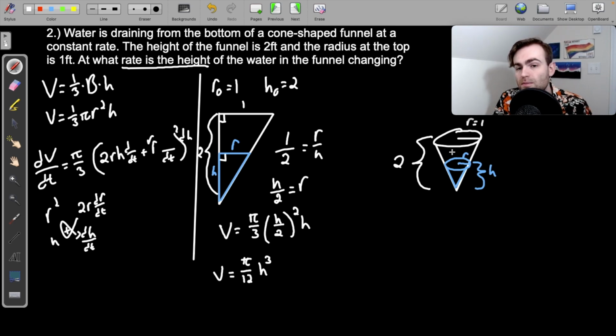So the volume at any given height is defined in this scenario as pi over 12 times whatever that height is cubed, which helps us out. We go from an unknown quantity and an unknown rate to, we don't even need that information.